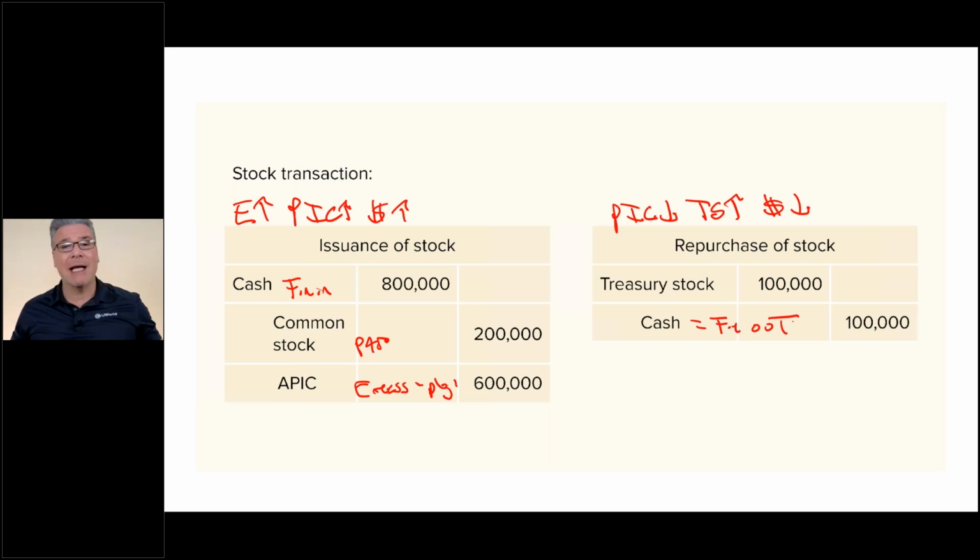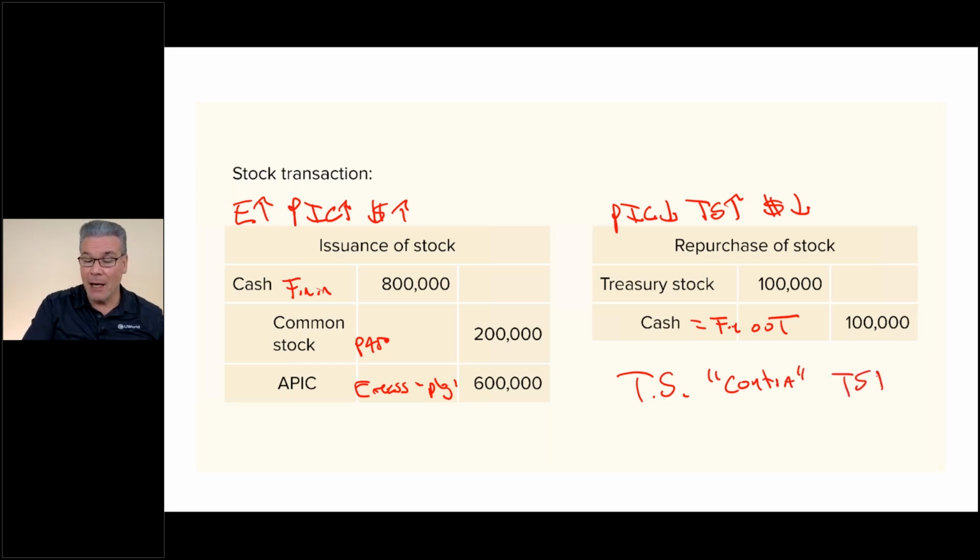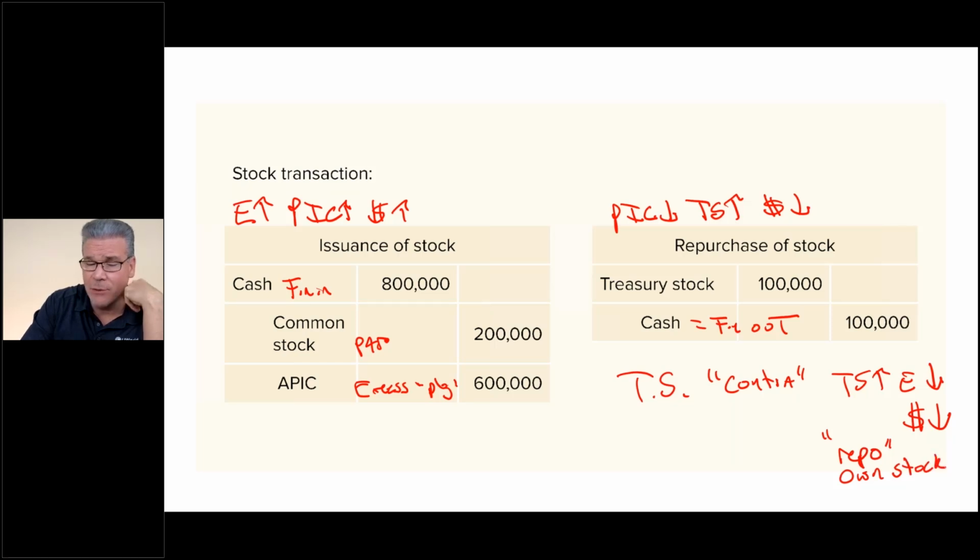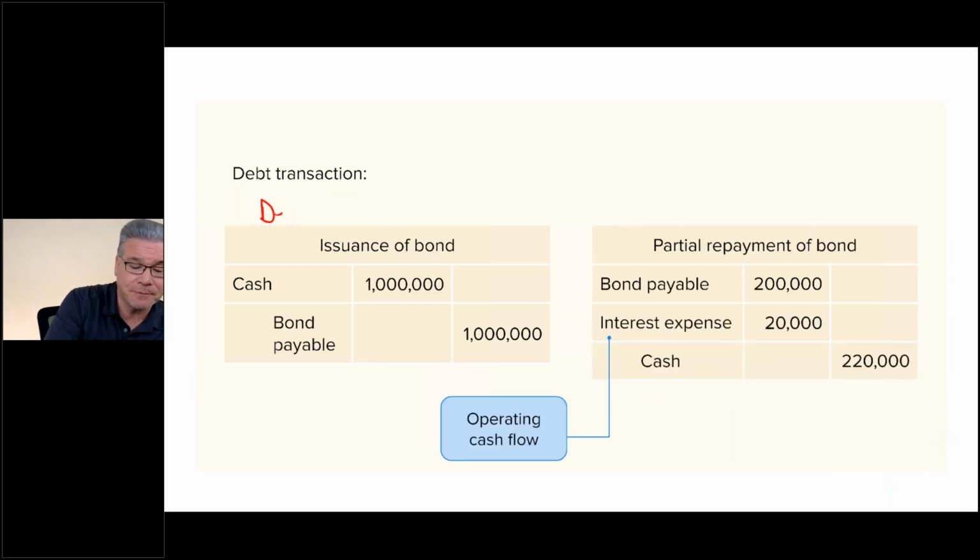Remember, treasury stock is a contra equity account. Treasury stock up, equity down, cash down. We're repurchasing our own stock, not somebody else's, because if it was somebody else's stock, it would be investing. All righty.